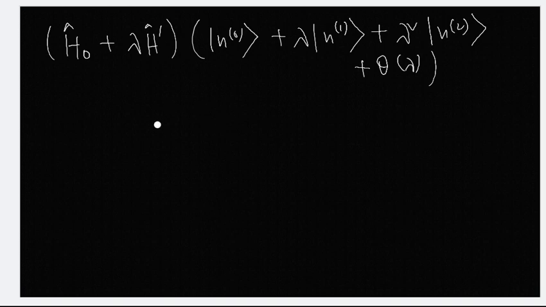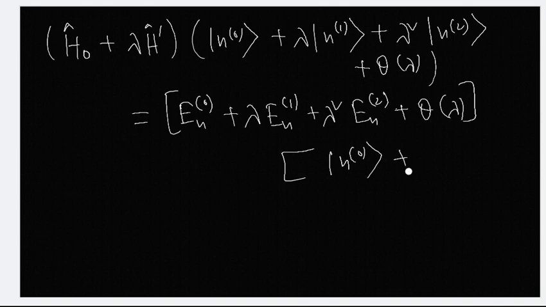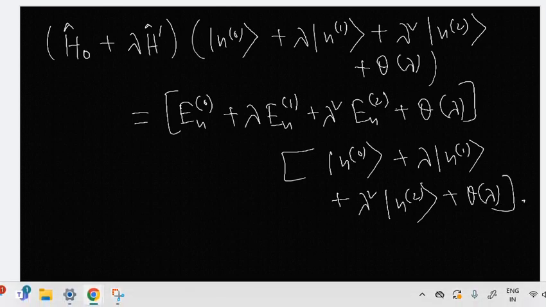And this is equal to En, meaning En naught plus lambda En1 plus lambda square En2 plus higher order of lambda, operated over n naught plus lambda n1 plus lambda square of n2 plus higher order of lambda. So this is the Schrodinger equation.